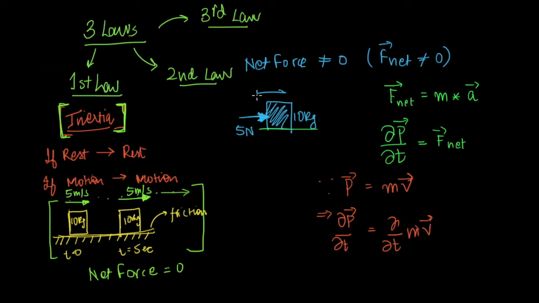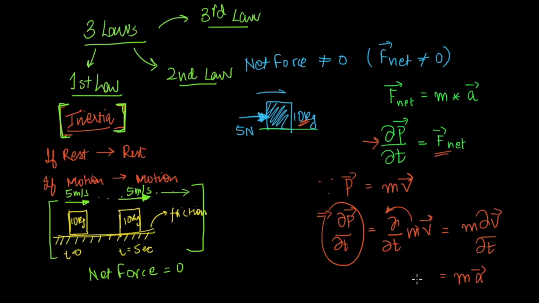Since m is a constant, because the 10 kg is a constant in time, it comes out, and you're just left with the derivative of velocity with time. A derivative of velocity with time is your well-known acceleration, and so this implies the net force equals mass times acceleration. So with this information, this is something that Newton came up with empirically, more fundamentally.